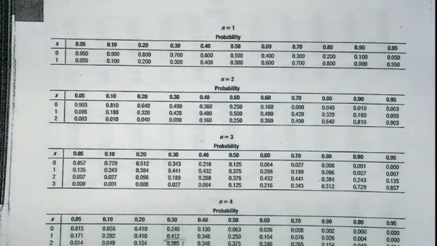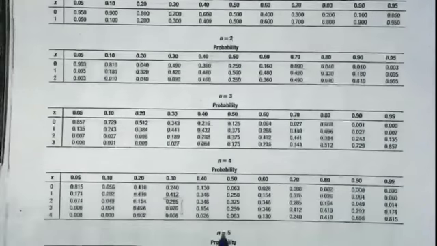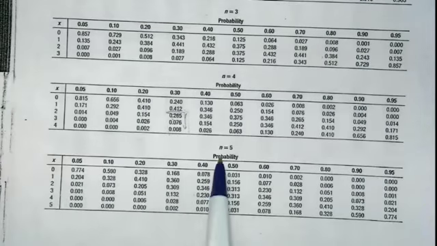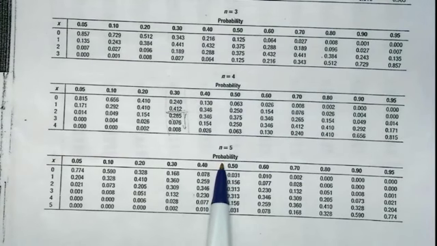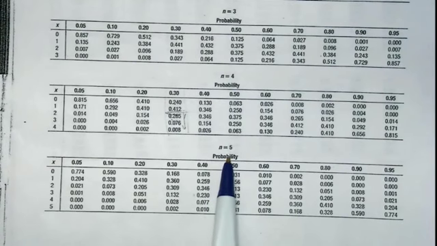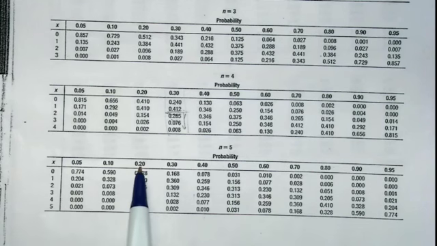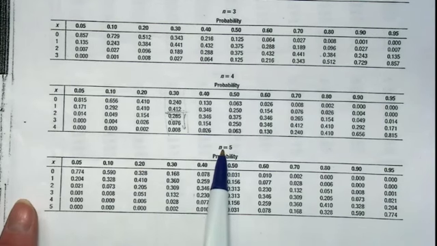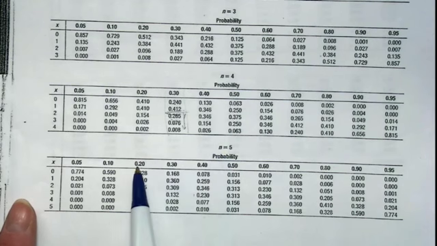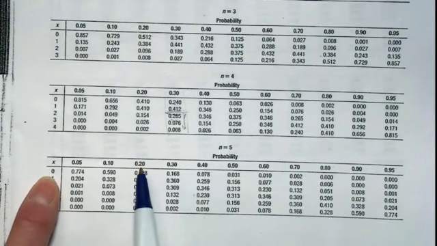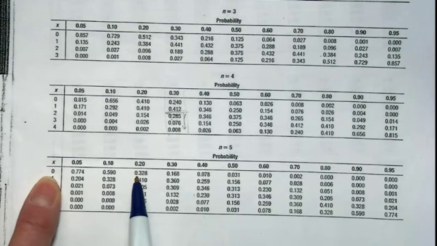In your example of the binomial distribution of flights, we had a sample size of 5. Here's a sample size of 5. And we had a percent of 0.2. So therefore, with a number of trials of 5, a percent of 0.2, exactly 0 flights being late is right there on your table, 0.328.